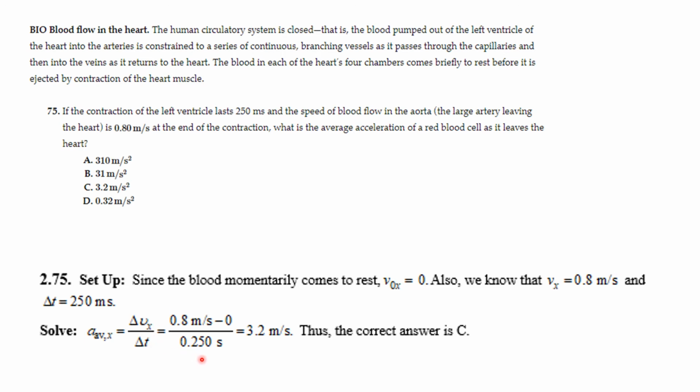Delta t was 250 milliseconds, which is the same thing as 0.250 seconds, and this speed was 0.8 meters per second minus 0. So what I get is 3.2 meters per second squared, which is answer C. The reason it's meters per second squared is because you have meters per second divided by a second, and a second times a second is second squared. So the correct answer for this one is C.